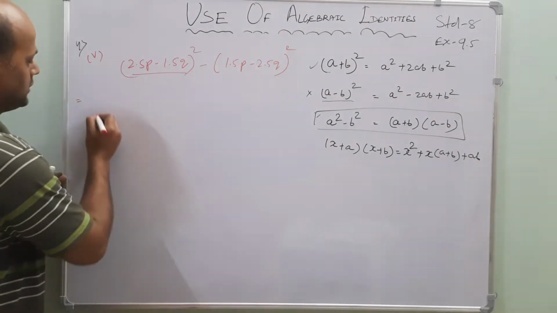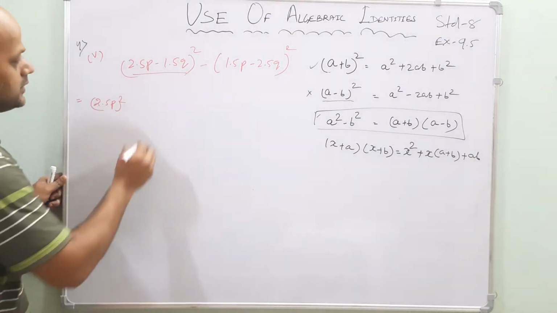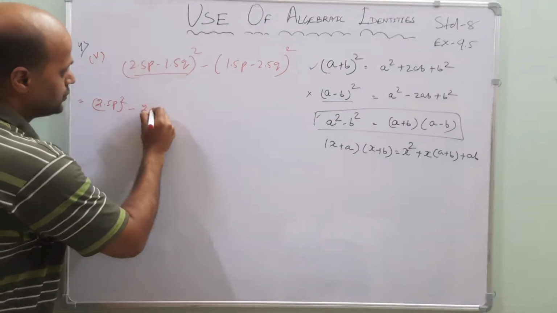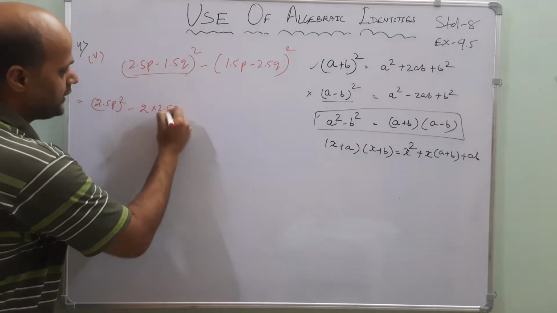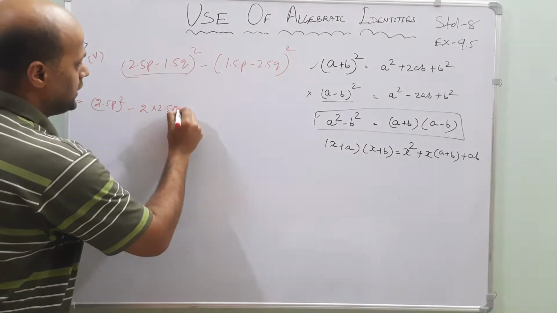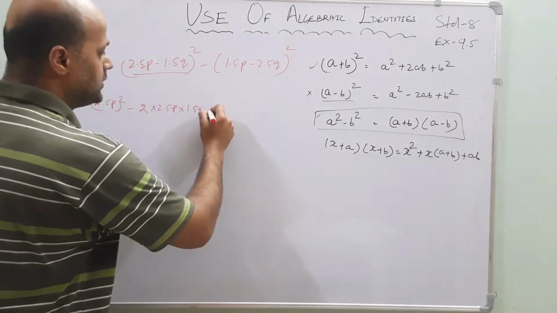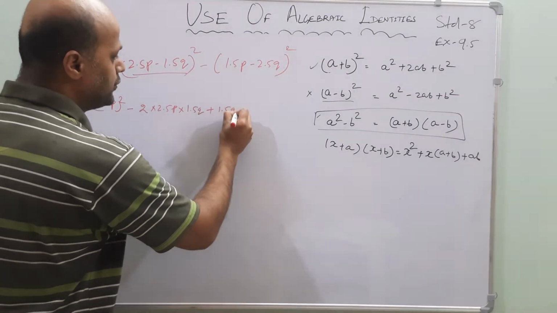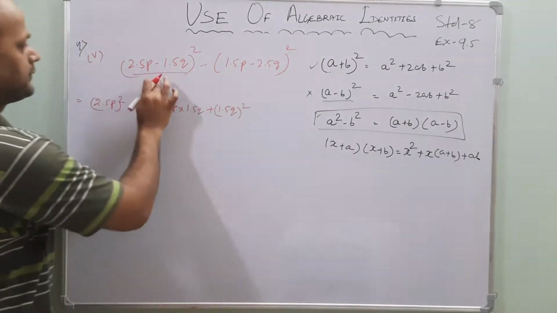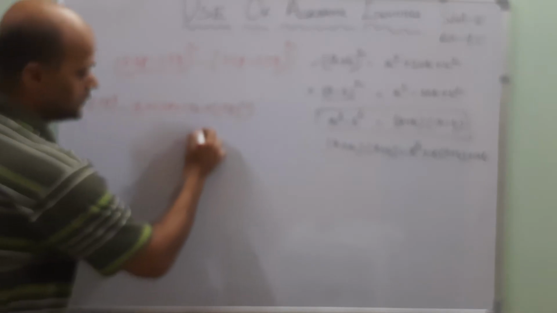First solve this one. A square: (2.5p) whole square minus 2 into 2.5p into 1.5q, again plus (1.5q) whole square. This is the first part. Again put this one in a bracket. Again minus of, again bracket.